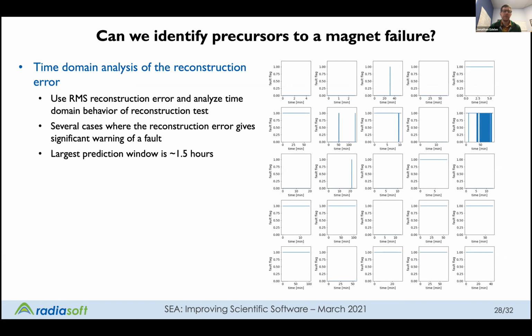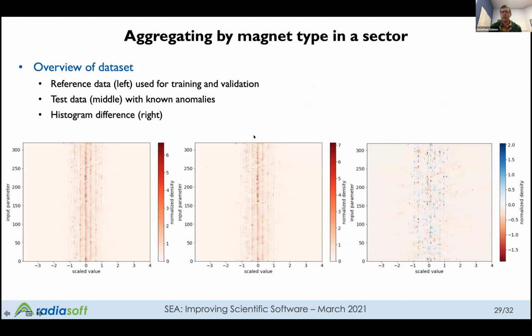That's very encouraging, because there may be a case where a user is running an experiment and you say, looks like the beam might trip off sometime in the next hour, finish up your experiment, which keeps them from being in a situation where it trips off unexpectedly. So that's definitely encouraging.